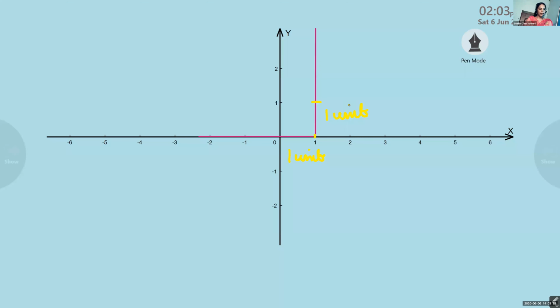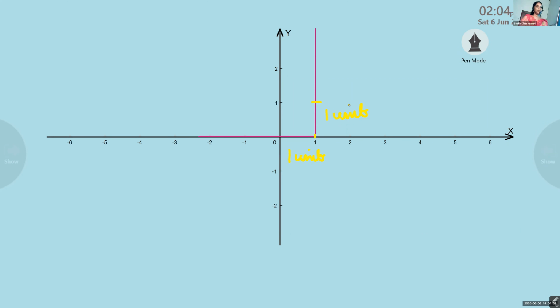Now can you tell what will be the hypotenuse? If you draw a right angle triangle here, what will be the hypotenuse? Yes, Aman, tell the answer.